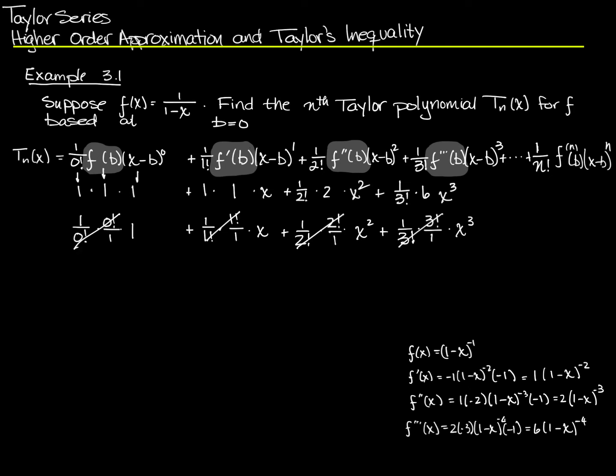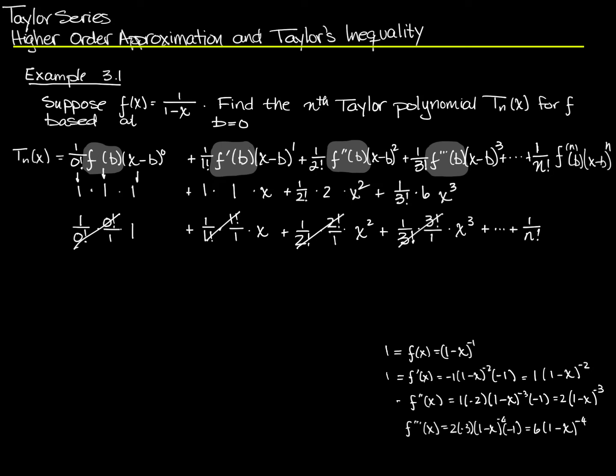Now, can I determine from this what my nth term should look like? Well, I know it has to start with 1 over n factorial. But then every single one of my f of b's for b equals 0, once I evaluated it, turned into a factorial, right? My original function turned into a 0 factorial. That was 1.